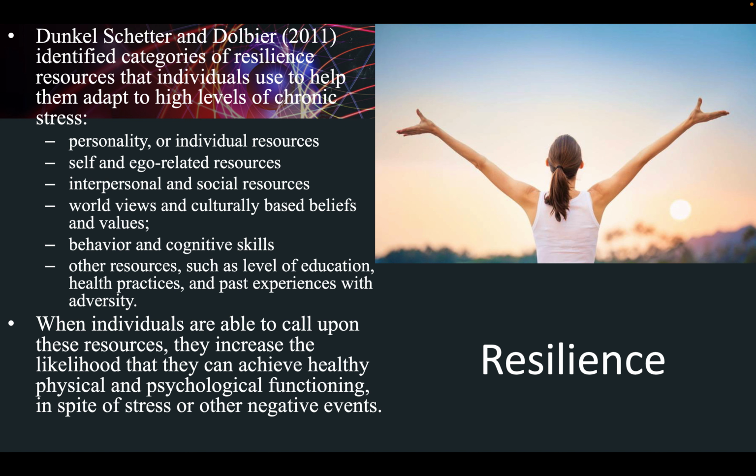When individuals are able to call upon these resources, they increase the likelihood that they can achieve healthy physical and psychological functioning in spite of stress or other negative events.